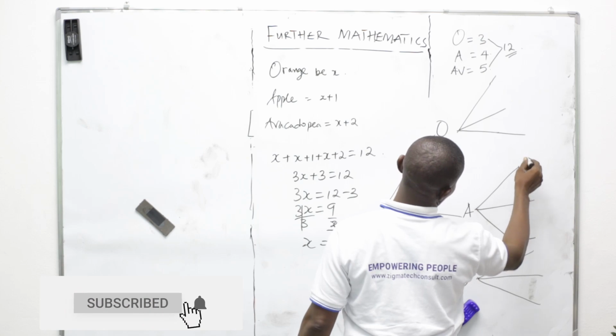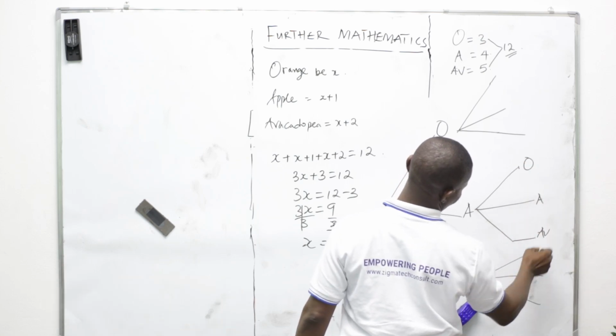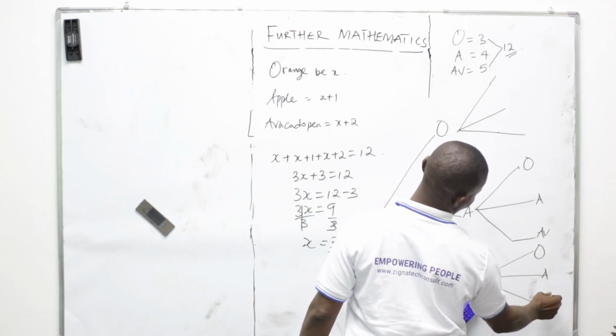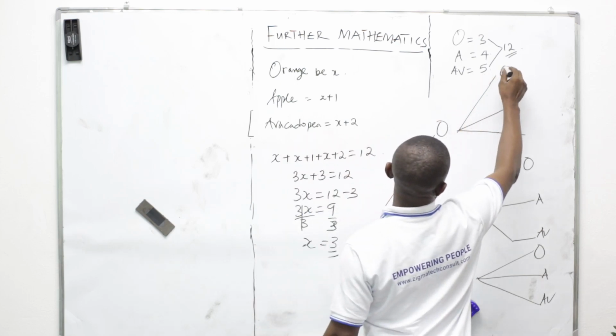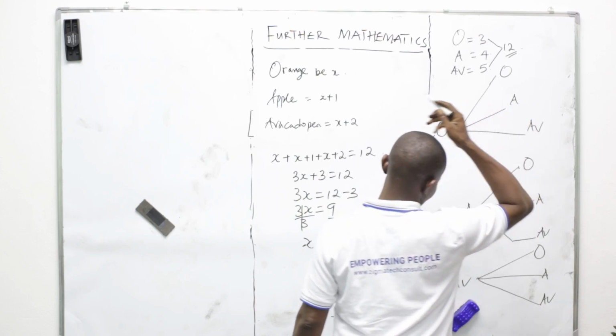Remember, this is orange, apple, avocado pear, for each branch.